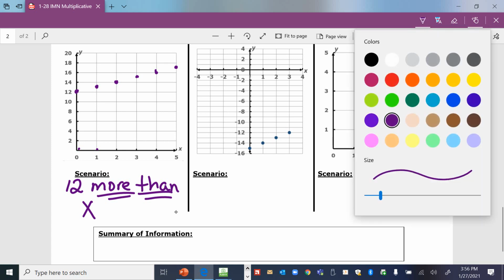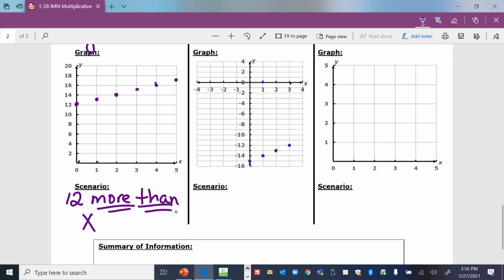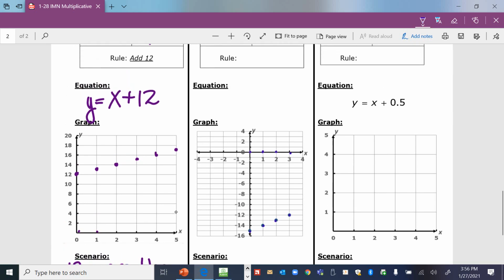Pick a new color, this one. Looks like they're giving us the dots on the table, and here the x at 0 goes down to negative 15. Then I have 1 is negative 14, 2 is negative 13, and 3 on the x is a negative 12. So let me transfer that information up into the graph.